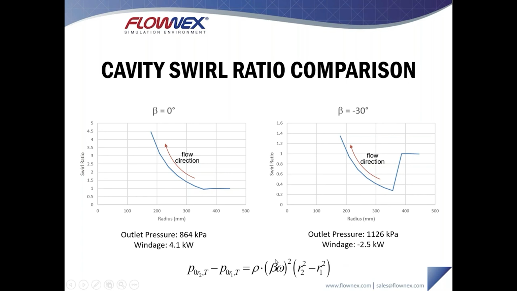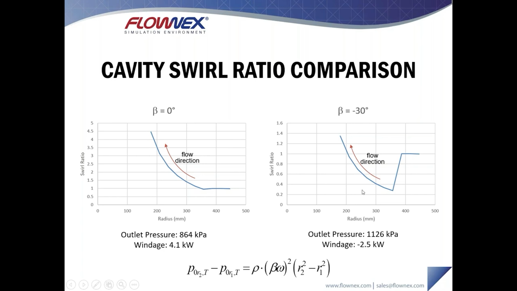So beta here is the swirl ratio, omega is the machine speed, rho is the density, R2 and R1 are the radial locations that correspond with P2 and P1. In this case over here, you can see that as the value for beta increases and decreases, this pressure drop changes according to this beta value squared.